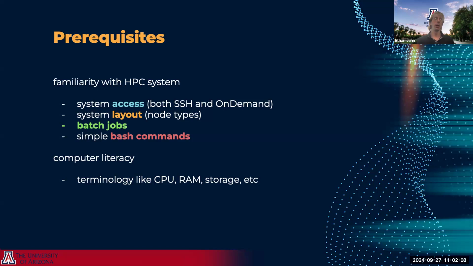This is the fourth installation of our lecture series, so we assume that you know how to access the HPC, how to create your account, or that you at least have a general overview of the system layout, i.e. the node types, the difference between a login node and a compute node, and that you know what batch jobs are, or at least interactive jobs on Open OnDemand. We're also going to be using some simple bash commands as well as some basic computer literacy terminology like CPU, processor, RAM, storage, etc. If any of these things feel unfamiliar to you, we definitely recommend that you review some of our other training materials before proceeding with this workshop.